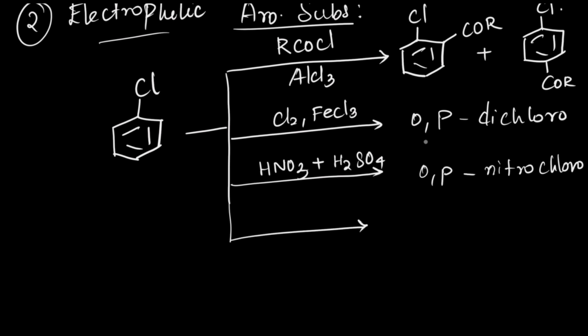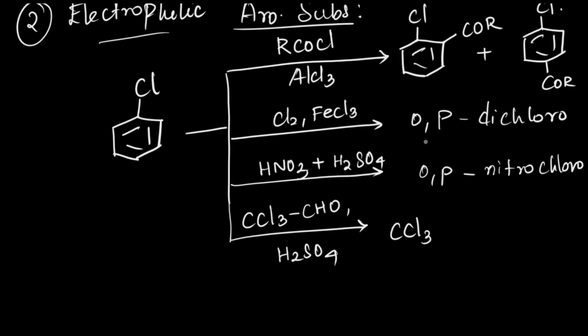Then finally, if I want sulfonation, you can go with H2SO4, fuming H2SO4, or if I am having a reagent like this, CCl3CHO with H2SO4. This will create a very interesting product which is called as DDT, that is having a very good application.